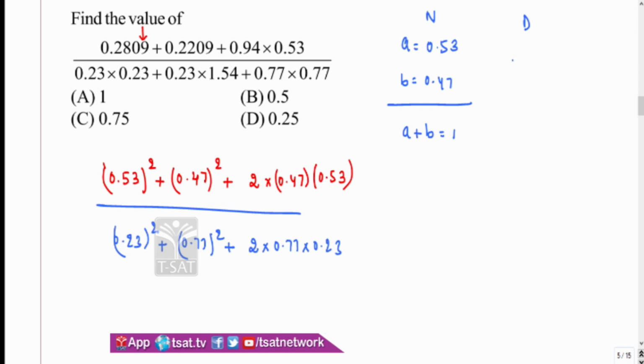Now, look at the denominator. a is 0.23 in the denominator, b is 0.77. If you add both of them, it becomes 1. Therefore, your numerator is 1 and denominator is also 1. The answer is 1. So, it is simply application of squares as well as the formula (a plus b) whole square. If you recognize it is in the form of (a plus b) whole square, simply do a plus b. A plus b in both the cases here, numerator and denominator, is 1.